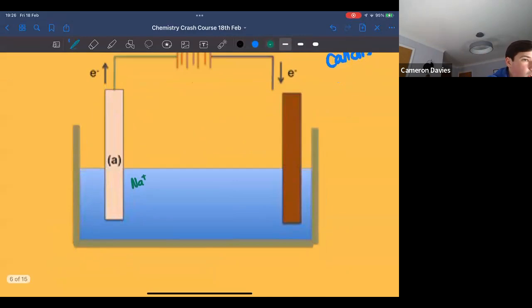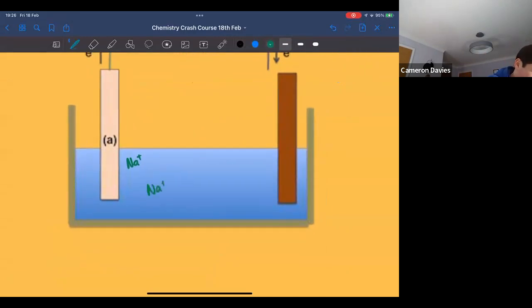So we've got, as usual, the Na plus cations, and the Cl minus anions. And then, as I said, we've got these H plus and OH minus ions just sitting in there as well.